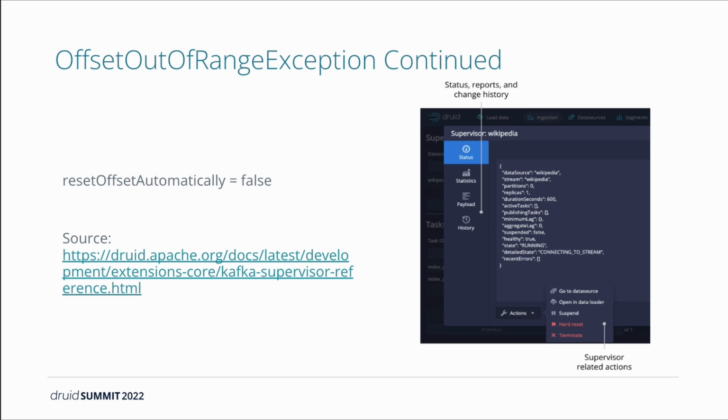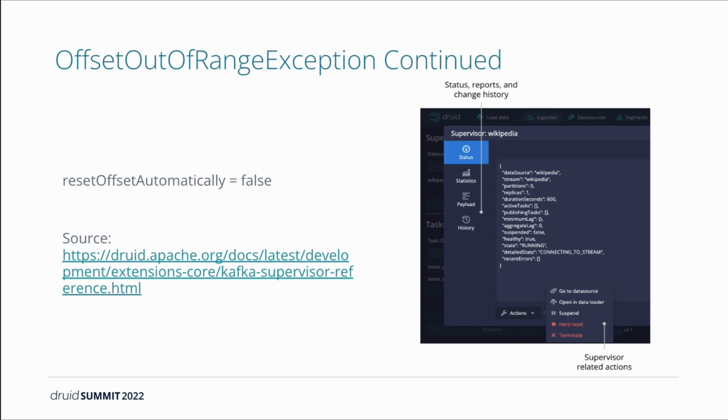When this property is set to false, if the supervisor is unable to find the offset it's looking for from the Kafka stream, the task will fail. You can then reset the supervisor to start reading from either the oldest or latest offset based on the setting for Use Earliest Offset property.